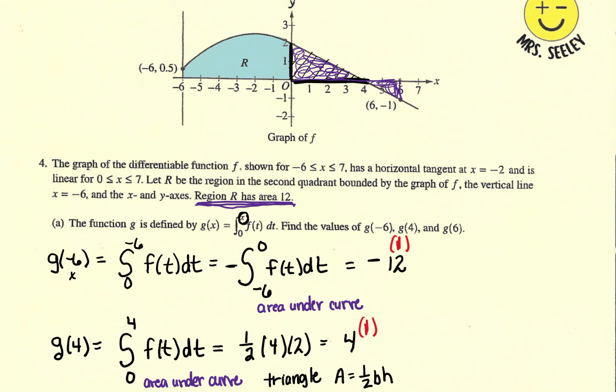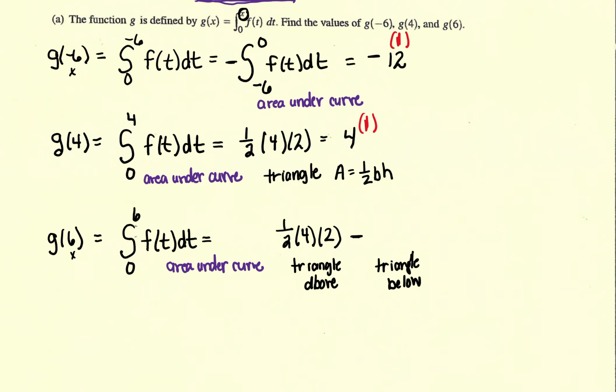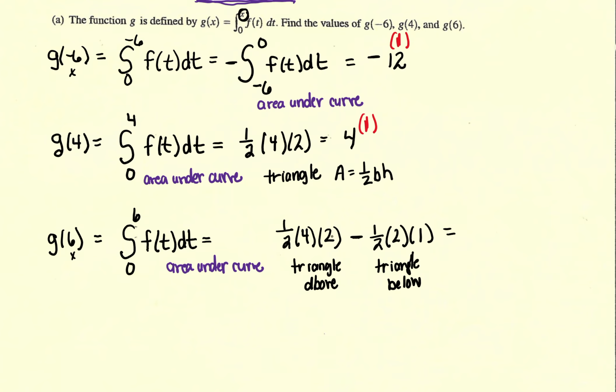And so it's going to be 1/2, his base is 2, and his height is 1. So that right there is 4. This right here is 1, and you get a value of 3. If you get that correct, give yourself the last point from A.